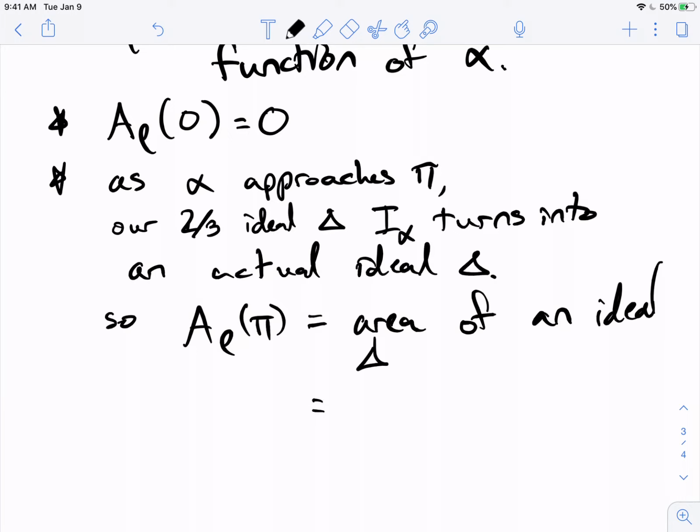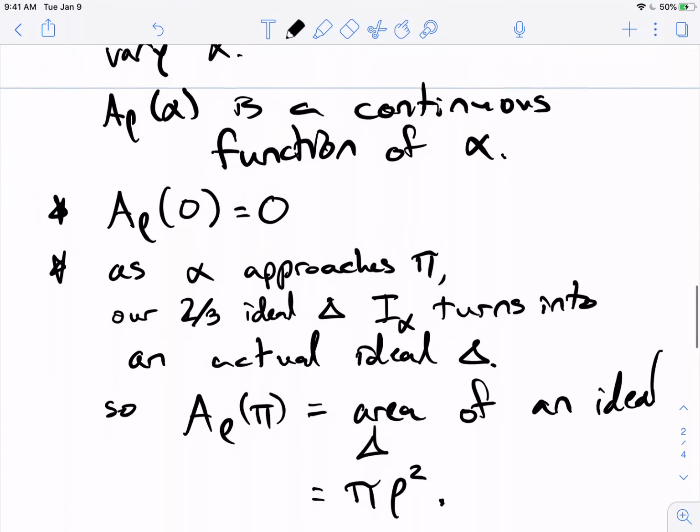And we know what that area is. We calculated it in the last video. It's pi rho squared. So we kind of know the extreme values for this area function. We know it when alpha is 0 and we know it when alpha is pi. Our goal is to figure out what it is for all the in-between values.